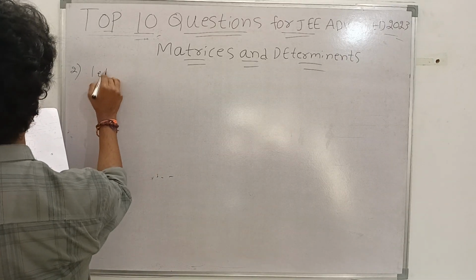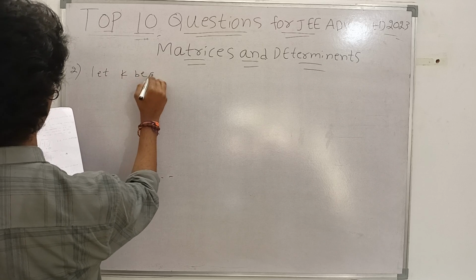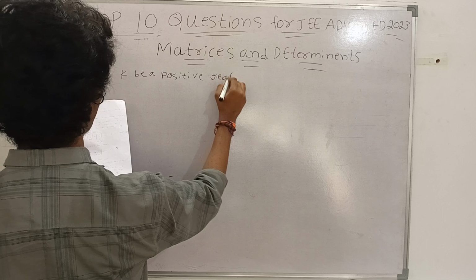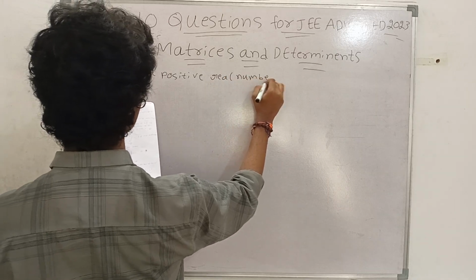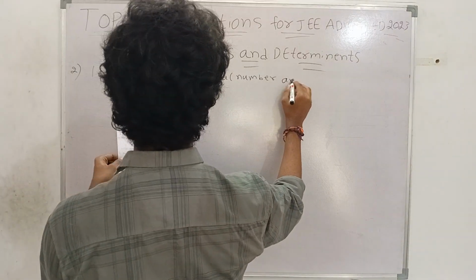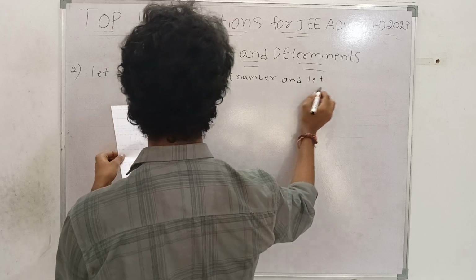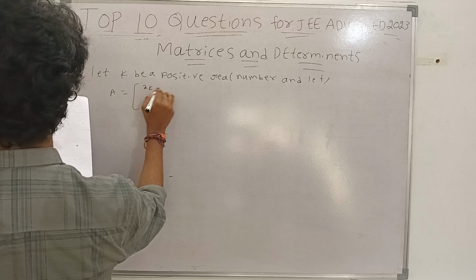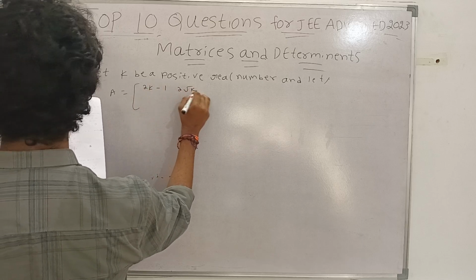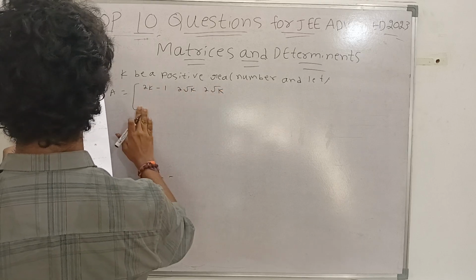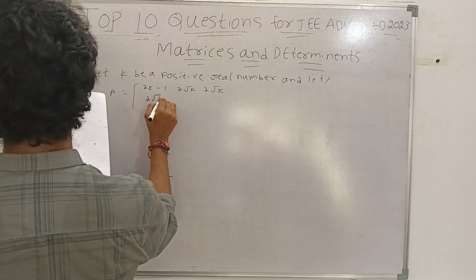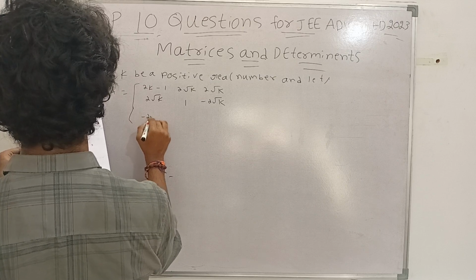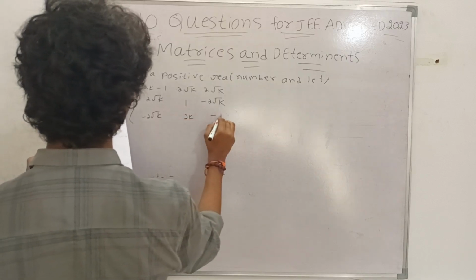And the second question is: let k be a positive real number, and let A = [2k−1, 2√k; −2√k, 2k−1].